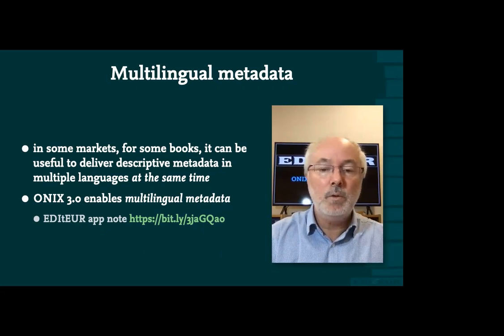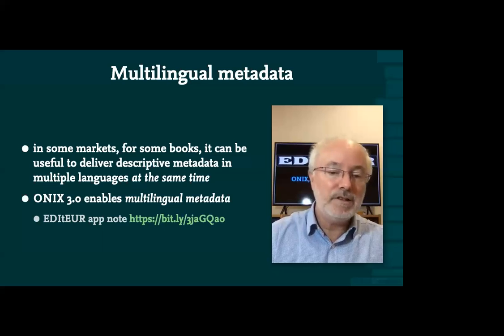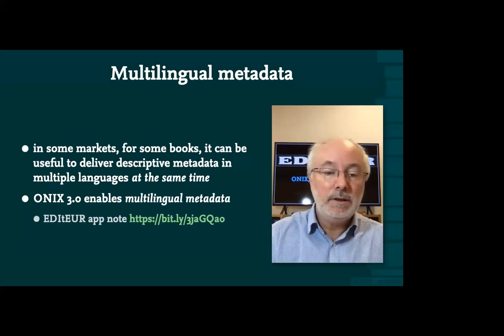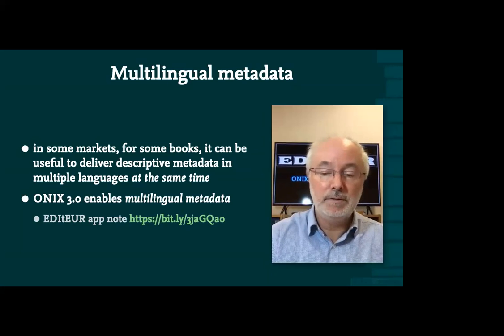But what's not at all obvious is that in ONIX 3 you can potentially include a short description or a biographical note in multiple languages at the same time. If you want your metadata in both Korean and Finnish, or more likely you want it in both Spanish and English, then you can do that too.